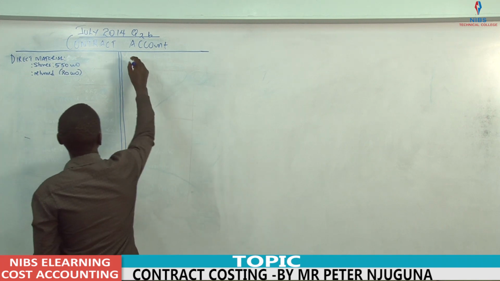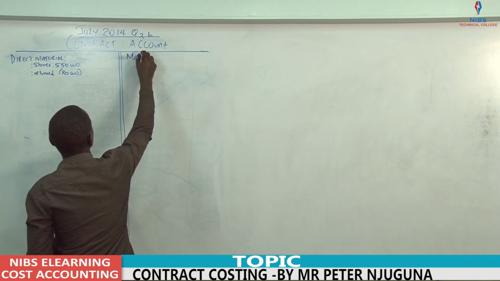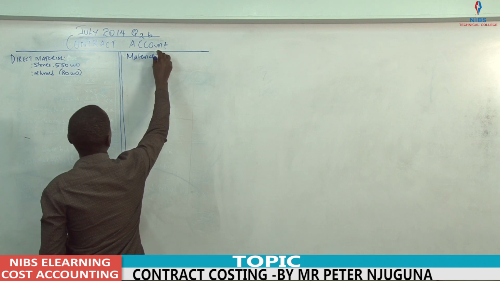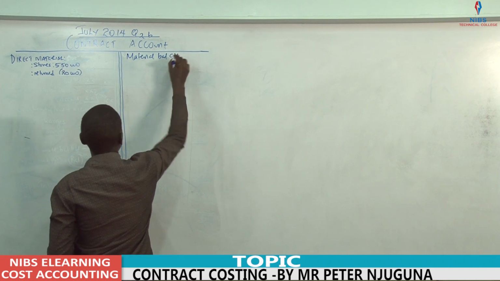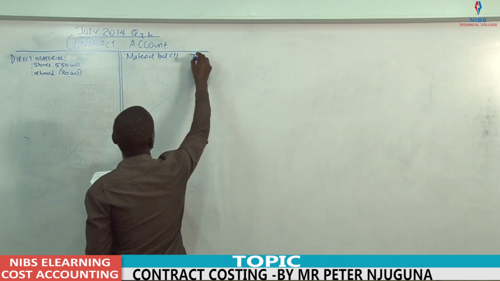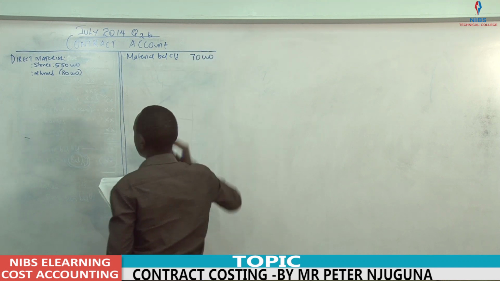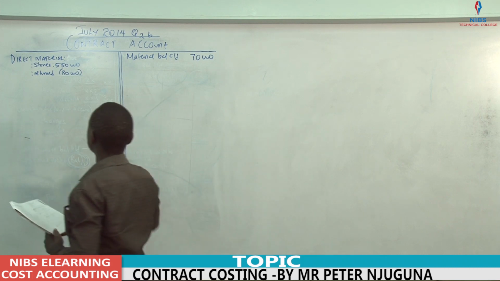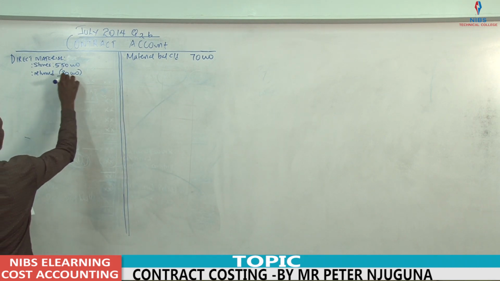Material balance carried down. I told you, you credit it here. How much was it? The material balance carried down was 70,000. So what is our total here?